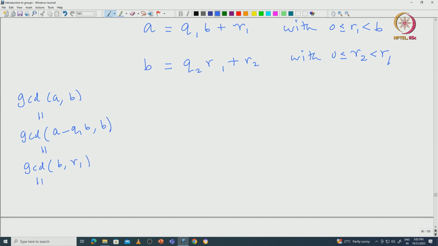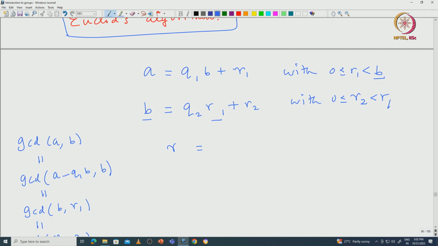Similarly, the GCD of B comma R1 is replaced by GCD of R1 comma R2. So, every time you apply the division algorithm, you replace the tuple, somewhat bringing the numbers down.